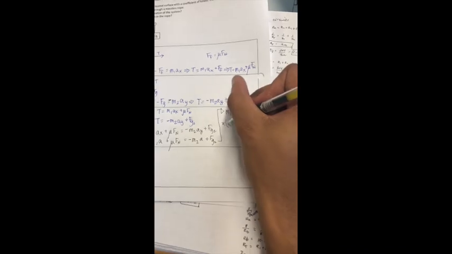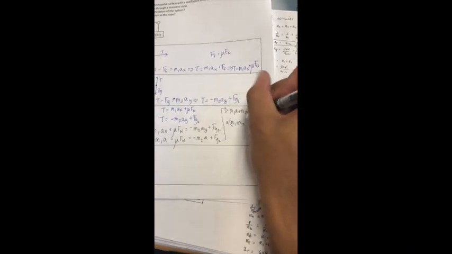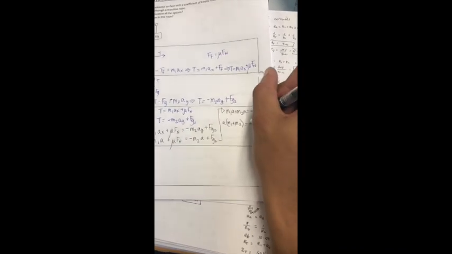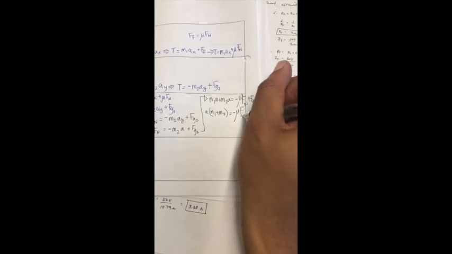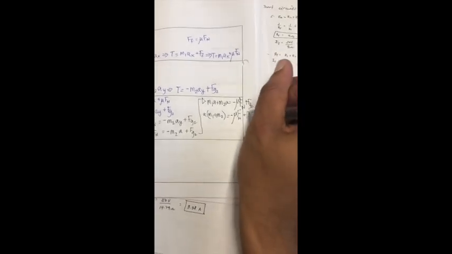Factor out my a, and I'm going to get m1 plus m2 is equal to the negative coefficient of friction times the normal force plus Fg2.